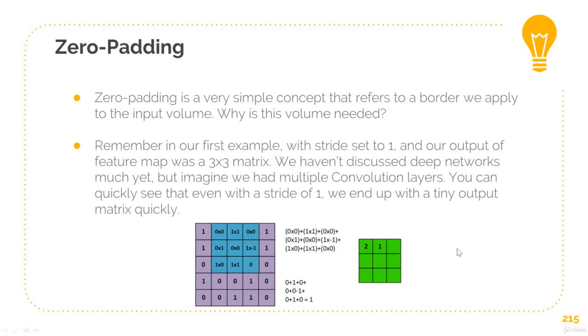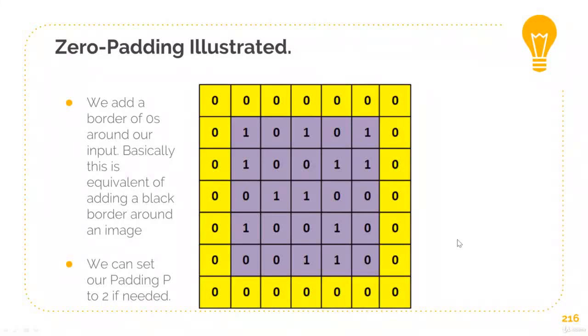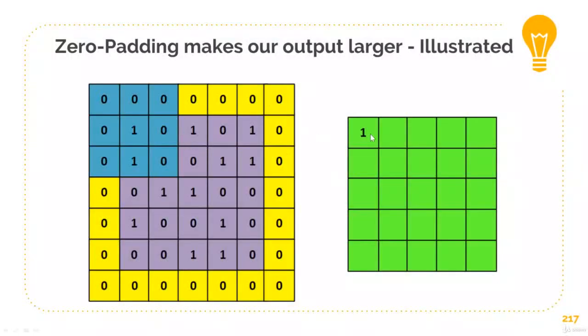Now, as you can see, it's going to get smaller and smaller, and we don't want that. We end up losing too much information, and it ends up being tiny at the end. So this is what zero padding actually does to the input image. It adds a layer of zeros right around it, and what that does is that allows us to actually generate a feature map that is the same size as the input image.